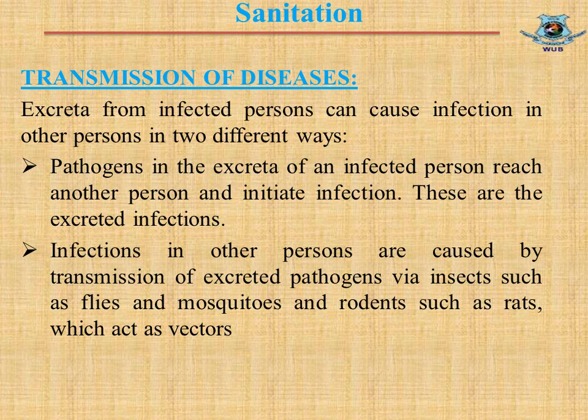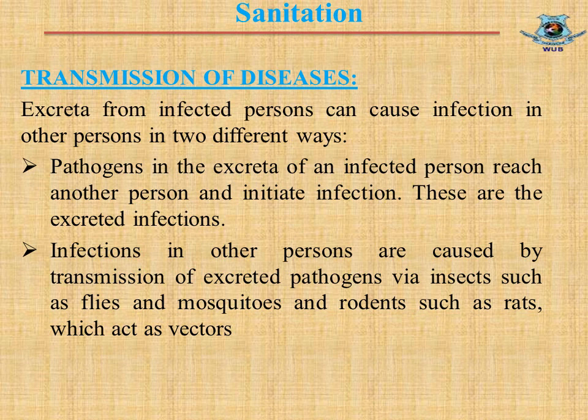Excreta from infected persons can cause infection in other persons in two different ways. What are these ways? Number 1. Pathogens in the excreta of an infected person reach another person to initiate infection. These are excreted infections. This is by direct contamination.